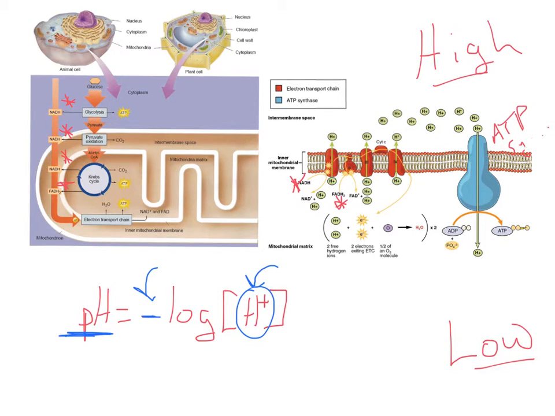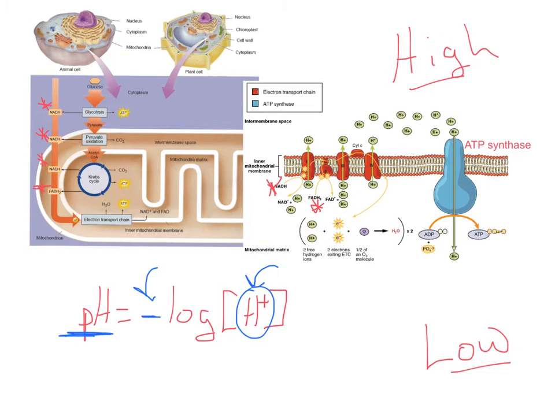So ATP synthase is key to understanding how we make these ATPs, because this molecule, this protein, is what makes it right there. ATP synthase is allowing this high energy, high hydrogen ion concentration here to move.